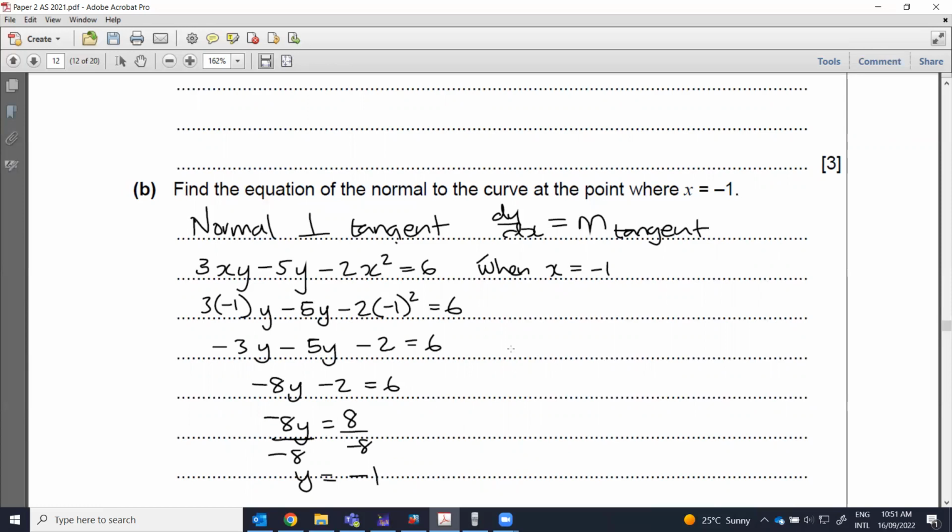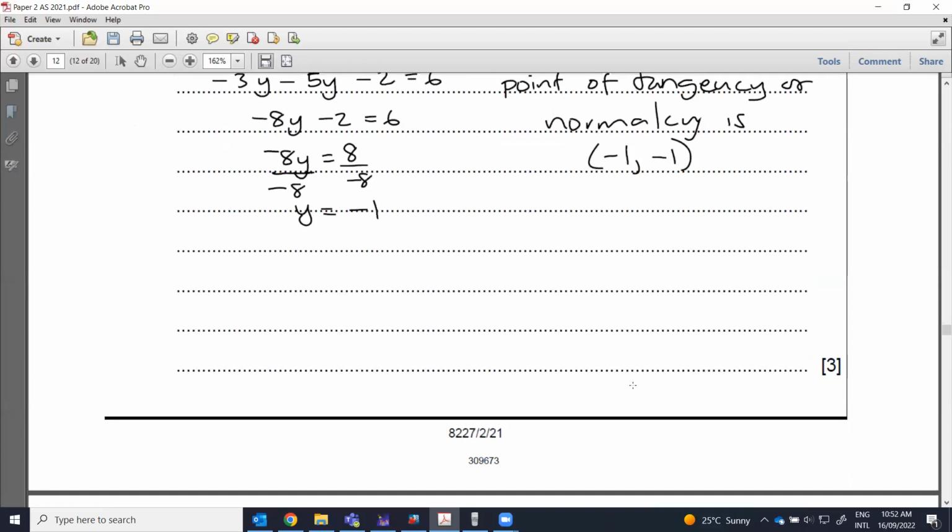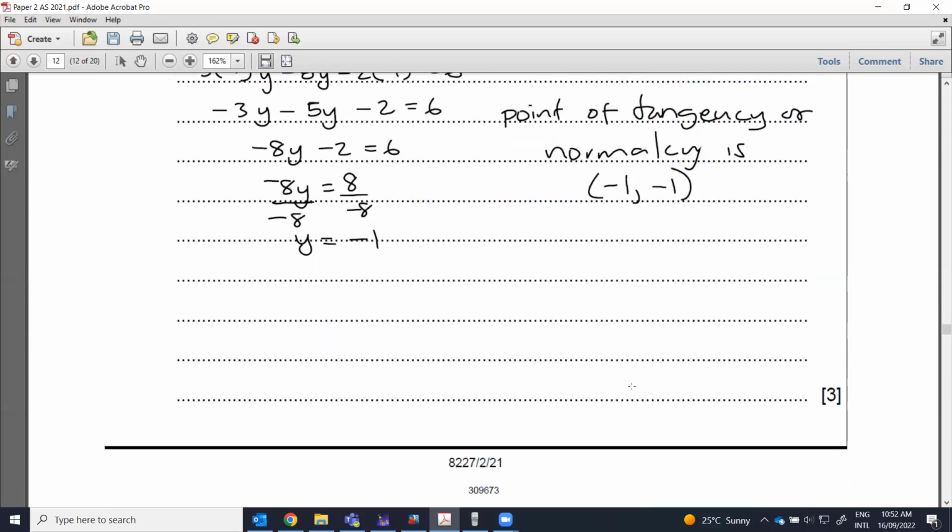So the point of tangent or normal is -1, that's the x coordinate, and we solved for the y coordinate, which is also -1. Okay, now we go back to what I was so eager to do.